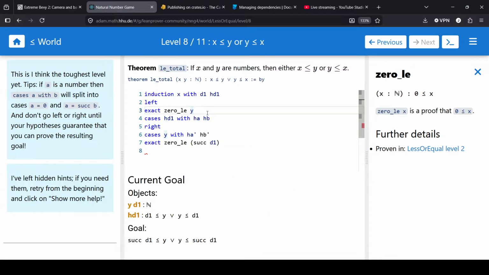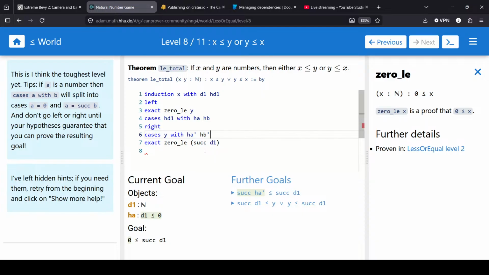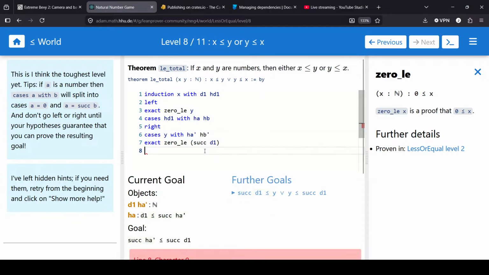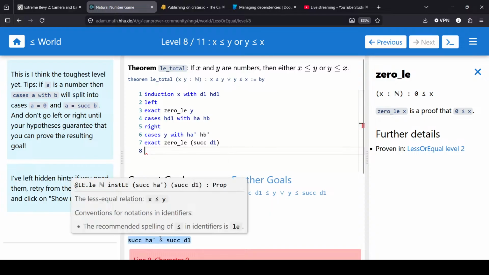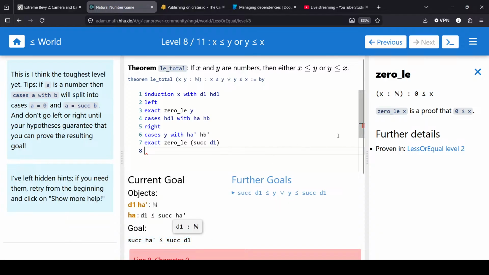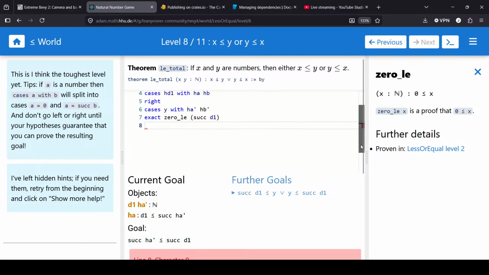Now let me look at this. Oh god. This is only the first case? See, I don't think this lets me prove this though, right? I don't think that's enough.